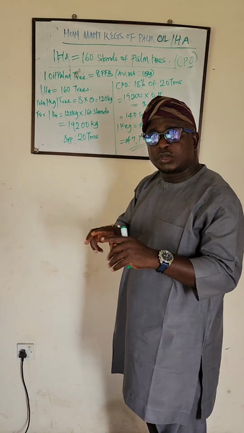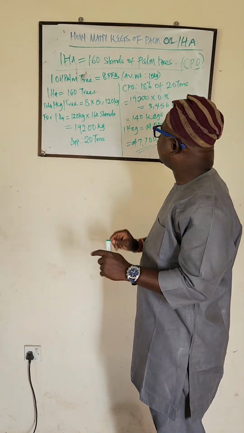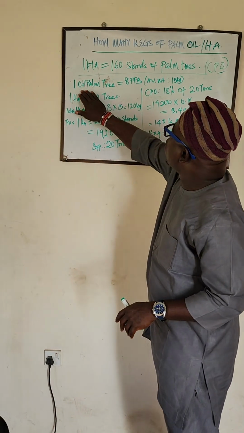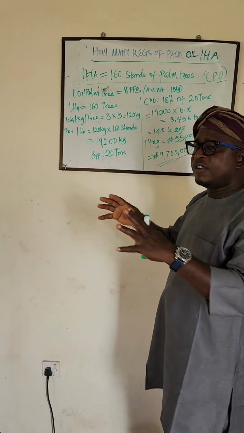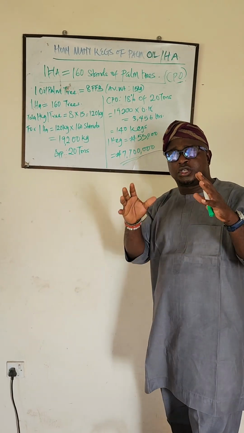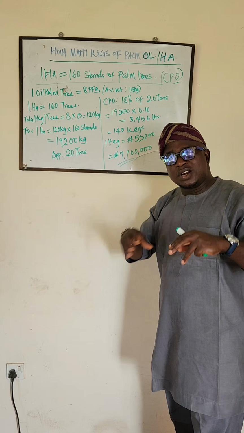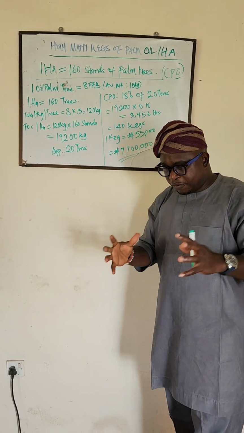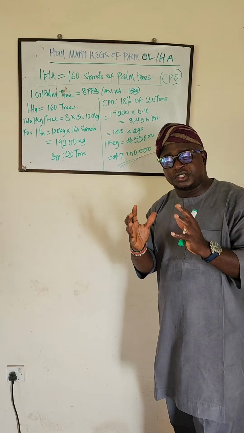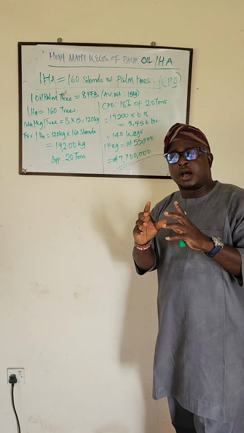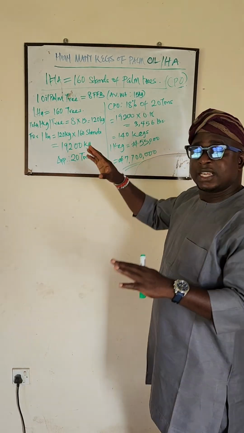But quickly, let us look at one oil palm tree. How do we arrive at that 20 tons? When you nurture an oil palm tree for about 4, 5, 6 years and it starts fruiting, the fruit comes in bunches. One bunch weighs around 15 to 20 kg.